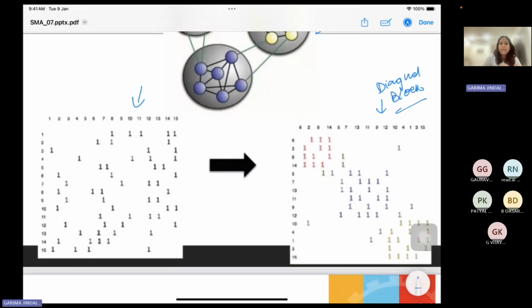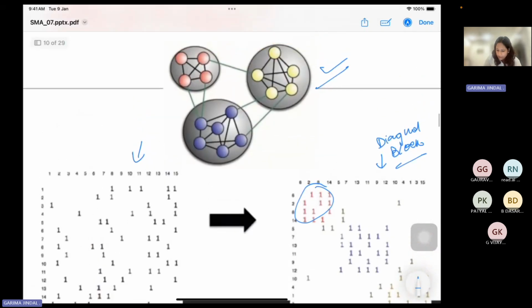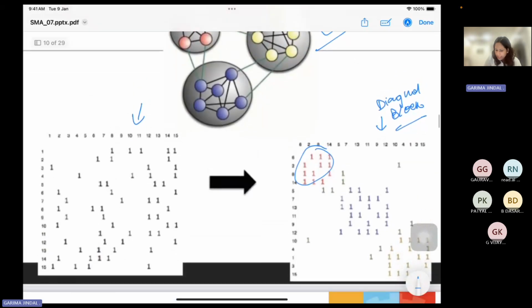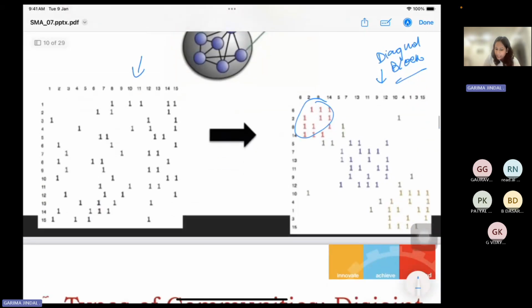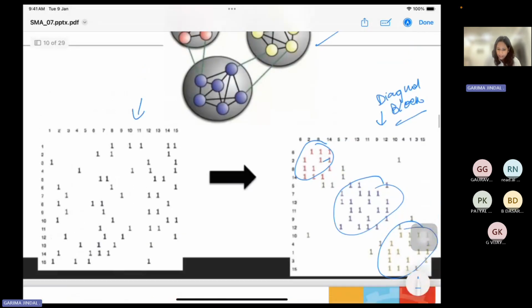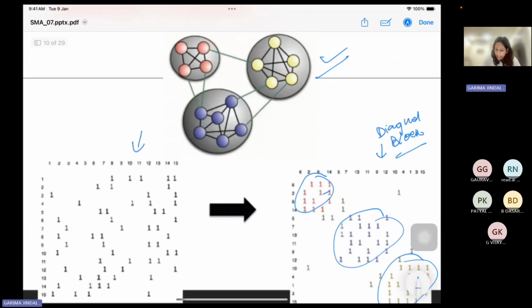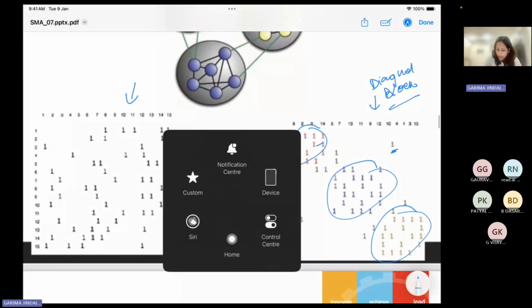Okay, so from this matrix, I need to convert it into a diagonal block matrix, and all these blocks form the clusters. Okay, so you can see that broadly, I can see these three clusters, the red ones, the purple ones, and the yellow ones. Okay, so these are the three clusters.